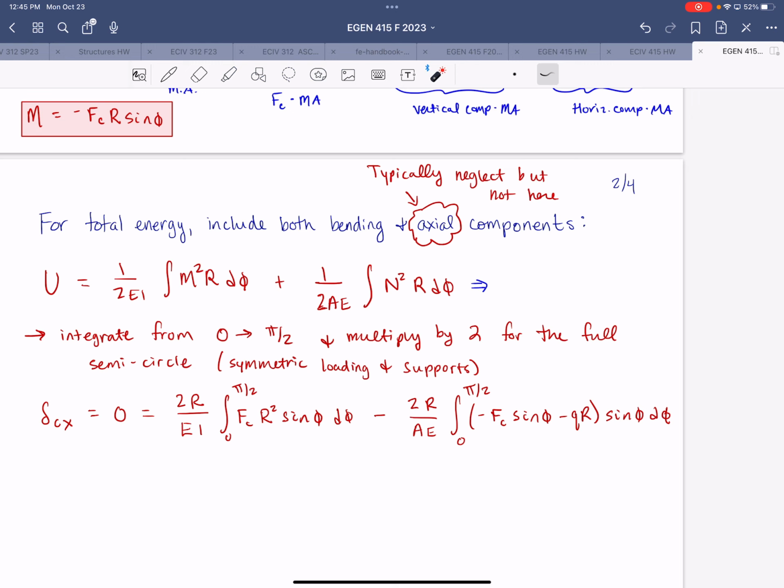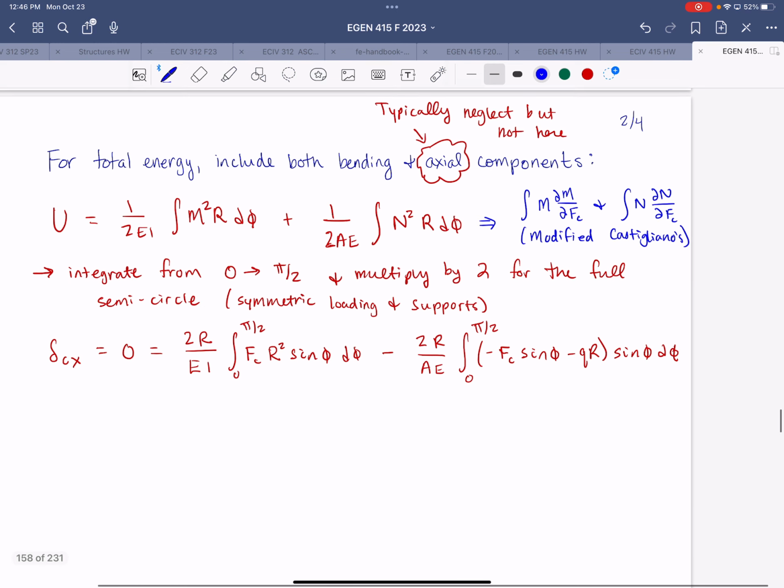So instead of m squared, we have m times the partial derivative of m with respect to, in this case, F C, and n times the partial derivative of n with respect to F C. So that's part of the modification of Castigliano's method, replacing that second m and second n with the partial derivative.